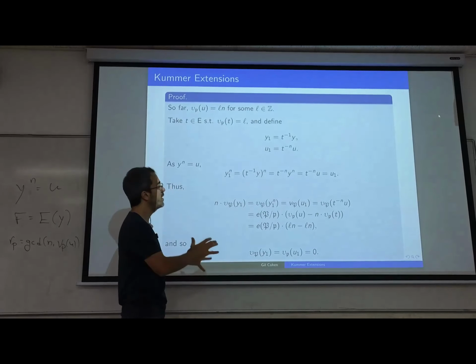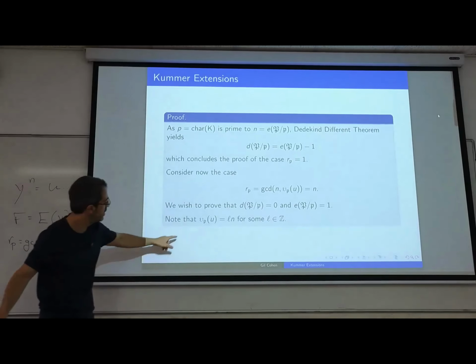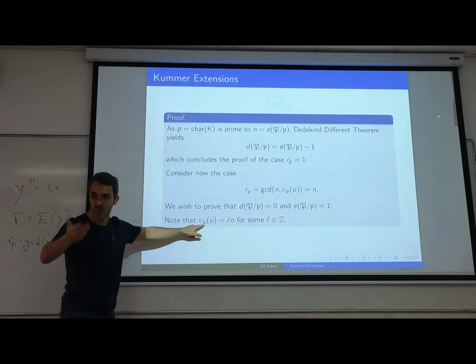So I split t to the minus n and u. Up to this ramification index, it is v small p of u minus n times v small p of t. But that's 0, because I chose t so that vp of u is L times n. L was defined to be this number.